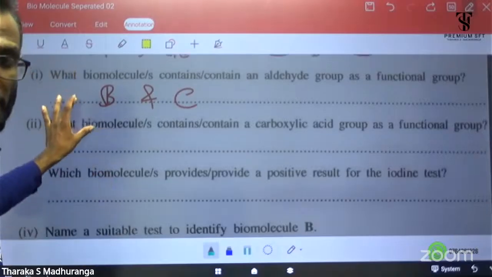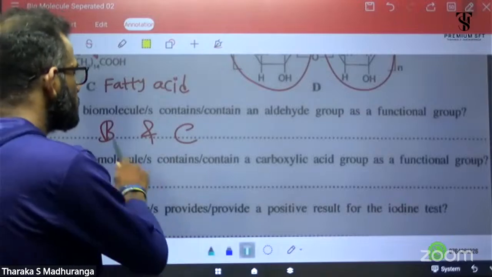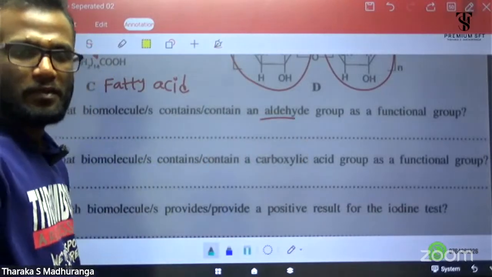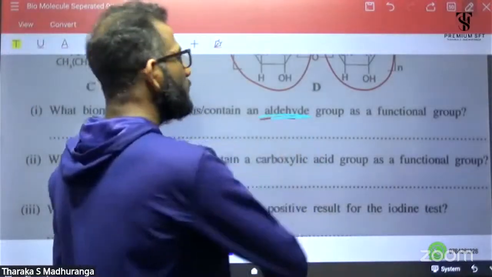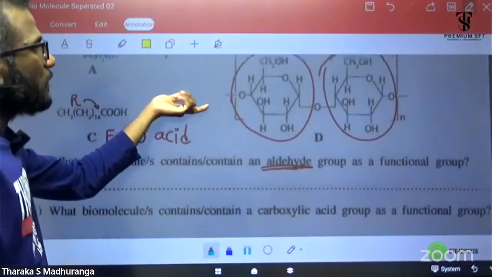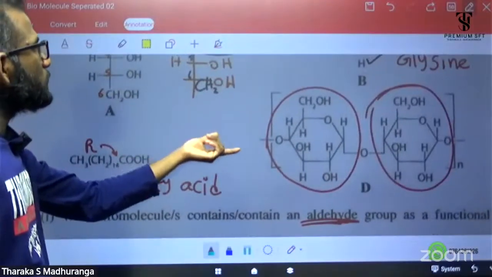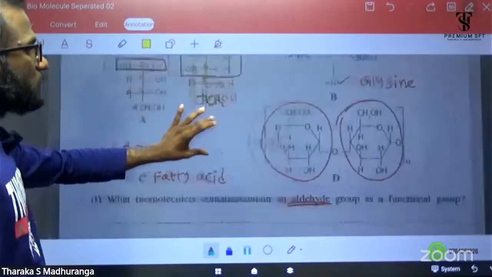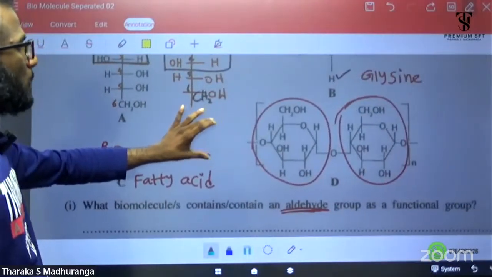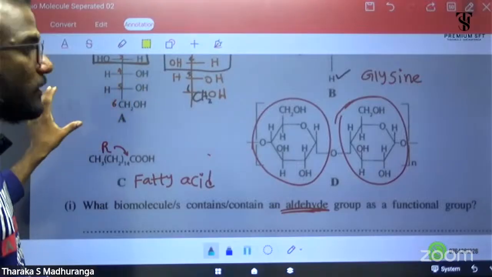Sorry, mistake. It's asking aldehyde group. Aldehyde group only contains aldose, right? Sorry, it only contains aldose.